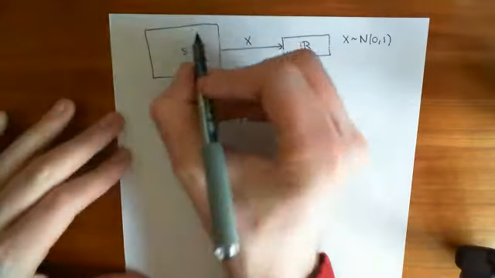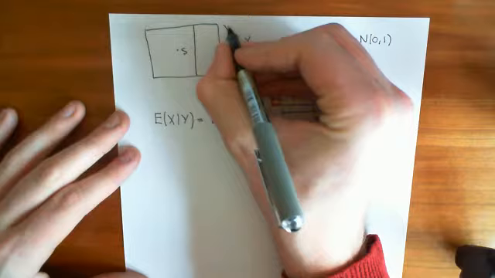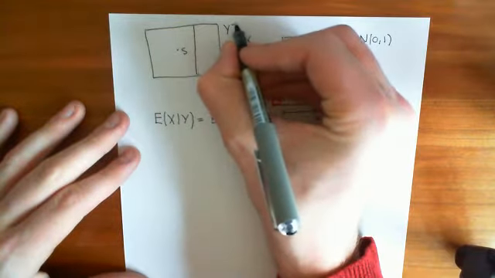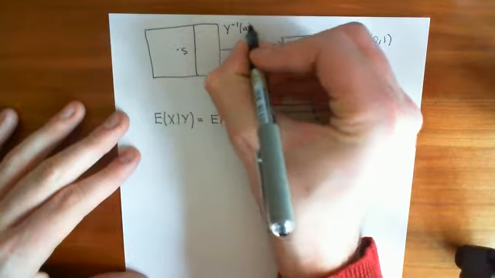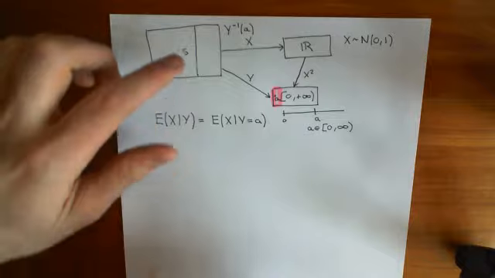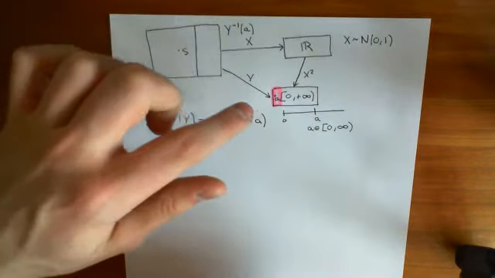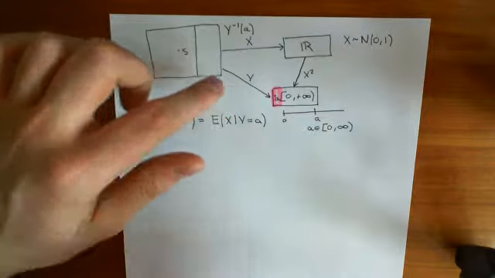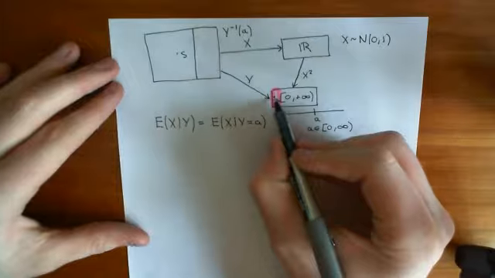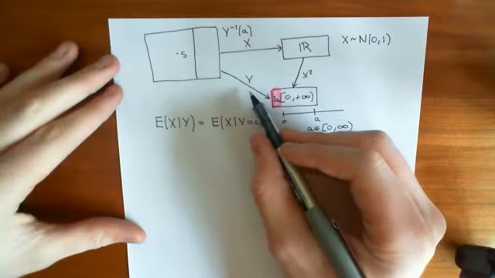What's the pre-image, or inverse image, of this point a in the abstract probability space? This consists of all points which are mapped onto a by the random variable y.